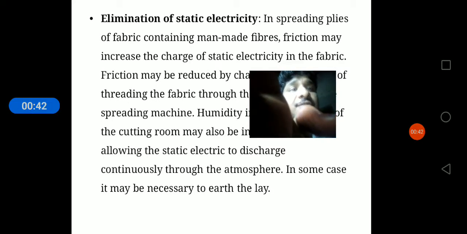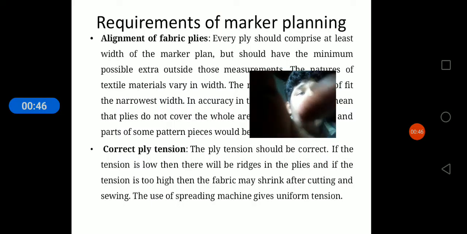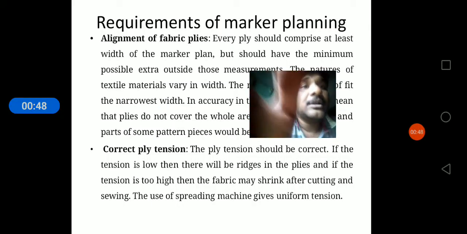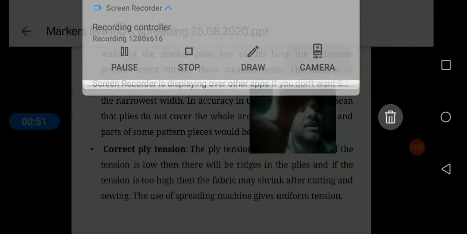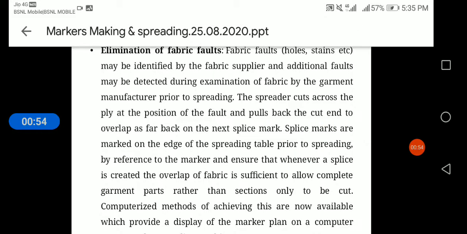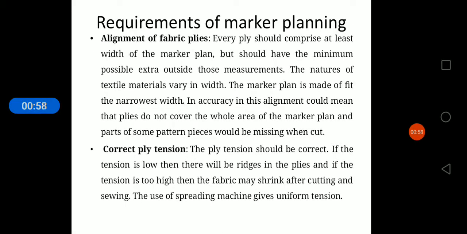First of all, we start with the first topic, alignment of fabric piles. Every ply should have minimum possible extra outside those measurements. The nature of these textile materials varies in width, so the marker plan is made for the narrowest width.